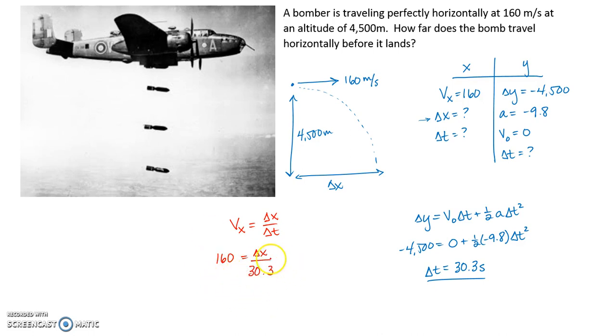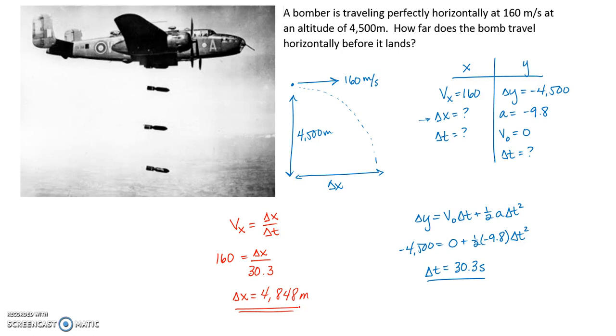So the only thing we have to do is solve for our displacement in the x-plane. And when we do that, we get a nice little value of 4,848 meters. And so that's how far the bomb actually traveled from when it was dropped.